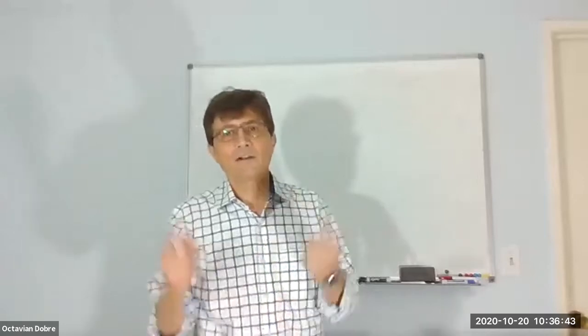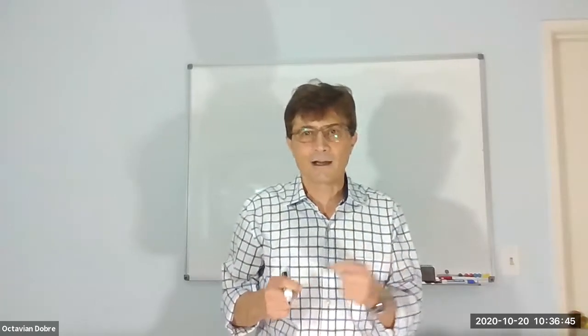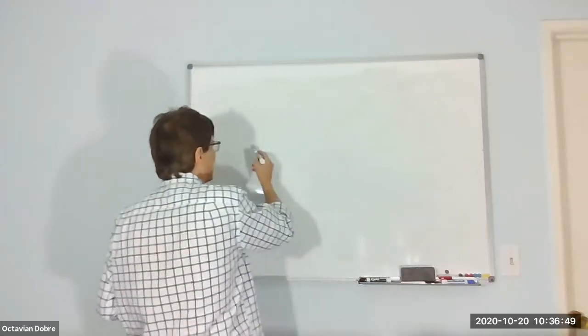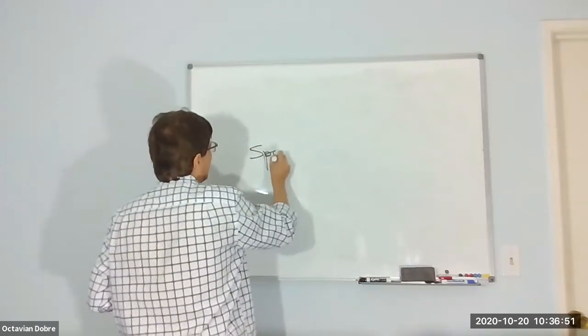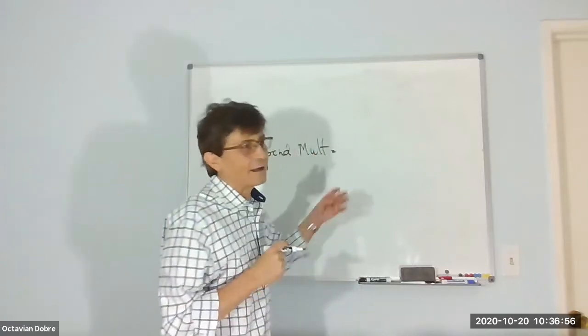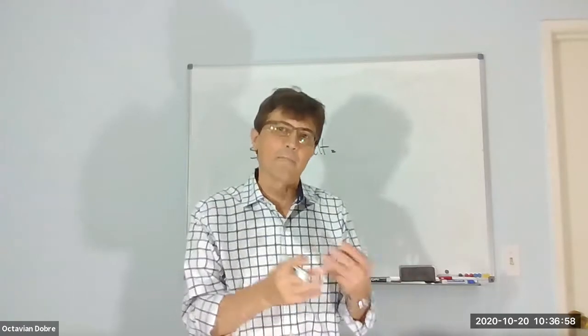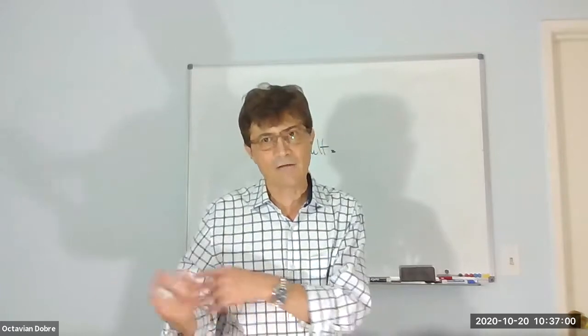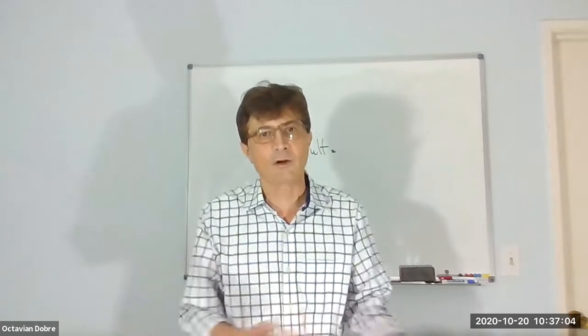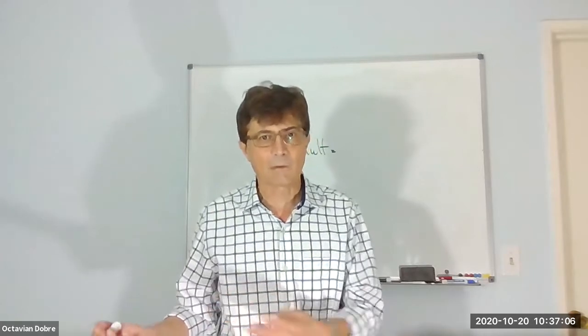So we calculated last class the spending multiplier, and we know the formula for the spending multiplier. You can write it either as a function of MPC or as a function of MPS, because if you have the MPC, you know the MPS, and if you know the MPS, you know the MPC, right?